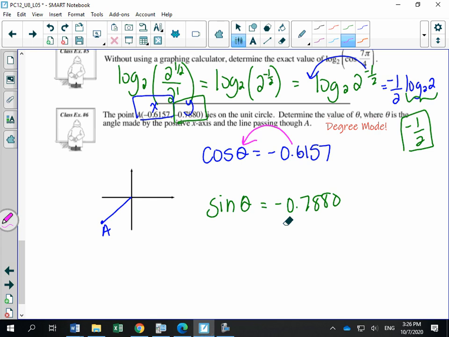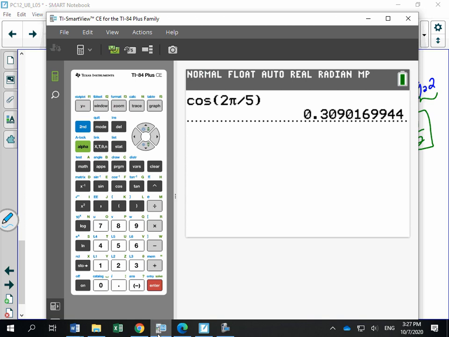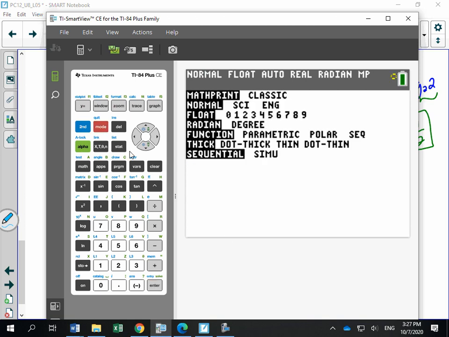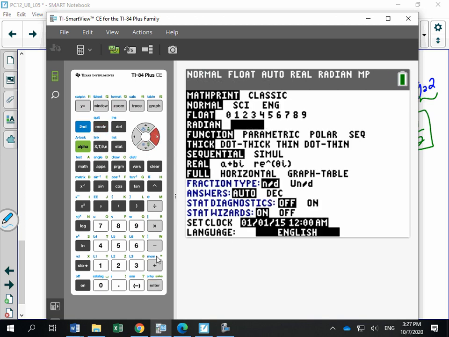So I'll show you. We want to be in degree mode for this question. So if we typed in the inverse cos of the absolute value of that number, 0.6157, let's type this in together. We want to be in degree mode, so I've got to switch over my mode.